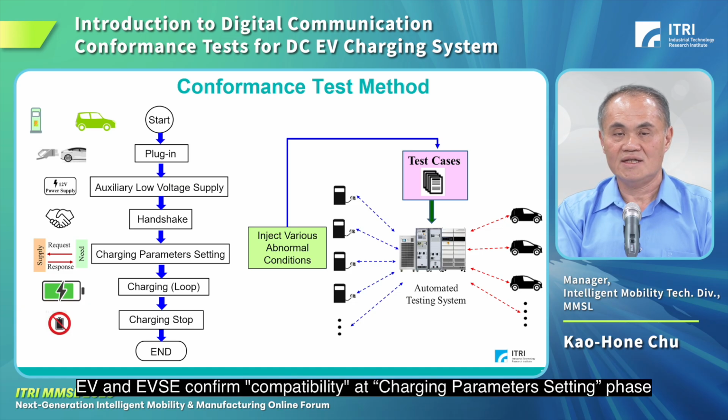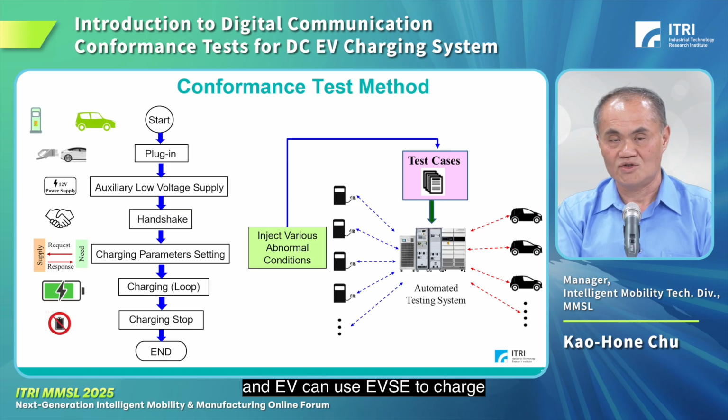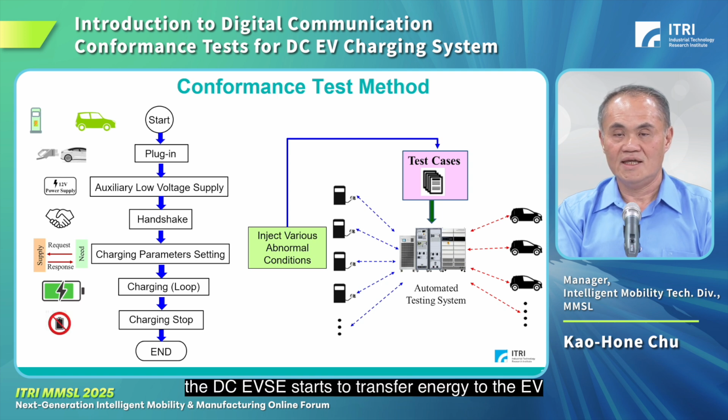The EV and the EVSE confirm compatibility at the charging parameter setting phase. This means the EVSE is confirmed to support the EV charging, and the EV can use the EVSE to charge. In the charging phase, the DC EVSE starts to transfer energy to the EV.